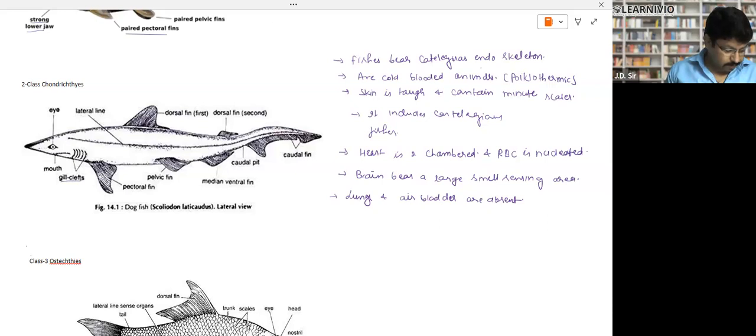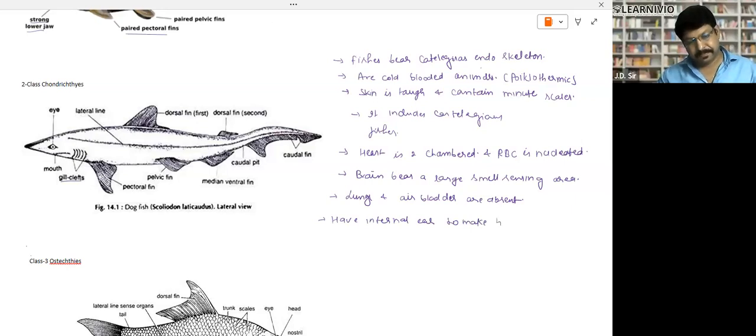And the rest. Okay. They have an internal ear to maintain balance. Ears are not only meant for listening; even in humans, they also maintain the balance of the body.